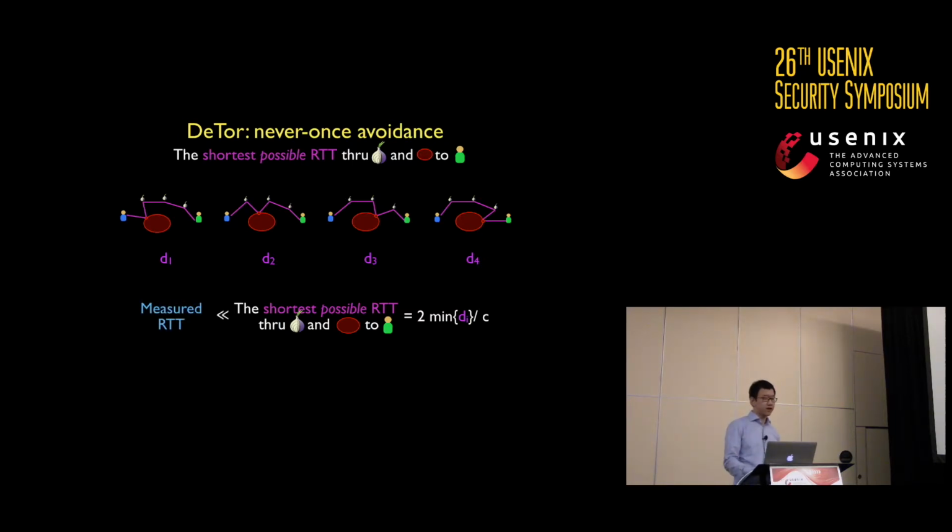Again, if we compare the measured end-to-end round-trip time from the source to the destination with this shortest possible round-trip time, and if the measured round-trip time is actually smaller, we obtain this alibi for the packet that it cannot have traversed this region.